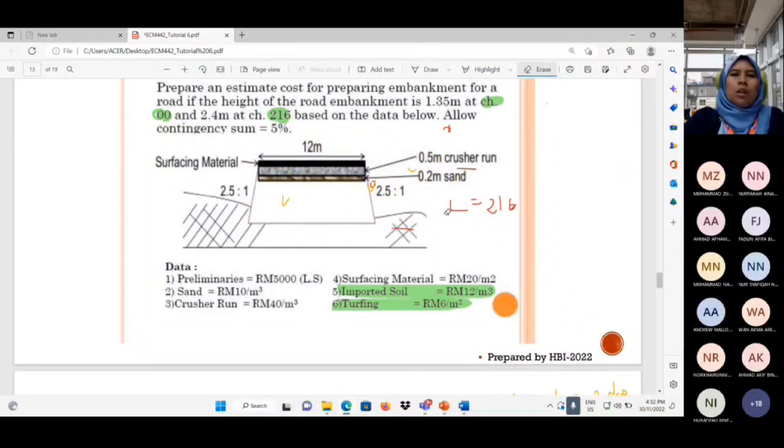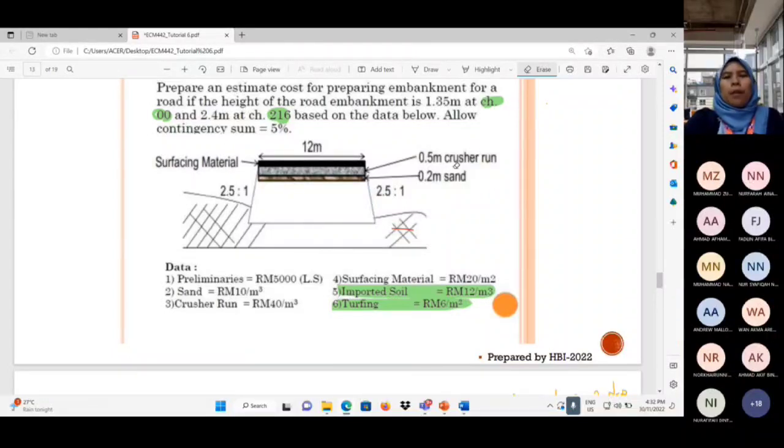okay, when you see using your naked eyes, pandangan mata kasar you akan nampak bentuk cross section of the road ni adalah rectangles. Straight away rectangle. So mudahlah sebenarnya. Kalau you tengok ada 3 materials yang digunakan untuk membuat jalan ini: surfacing materials, crusher and also sand.